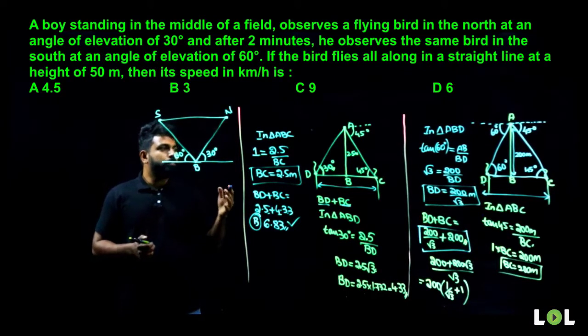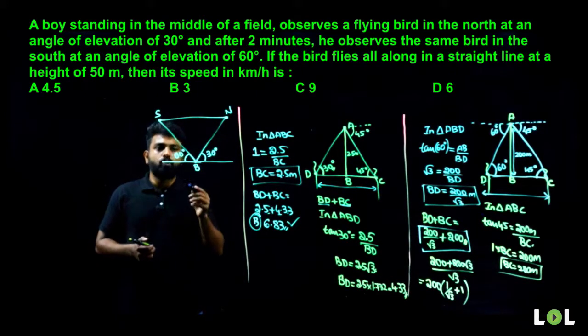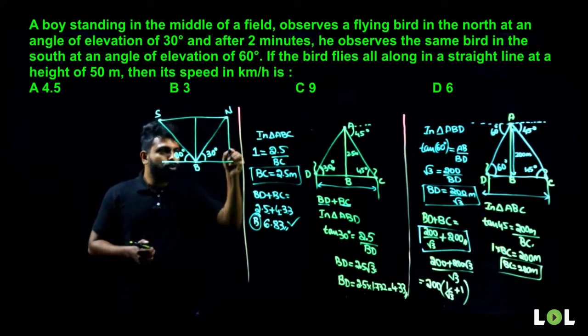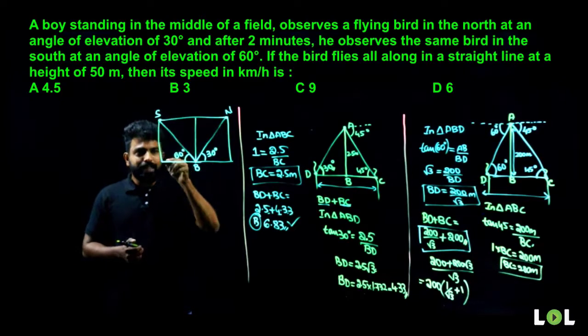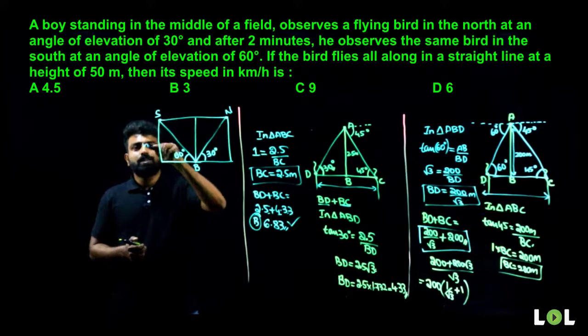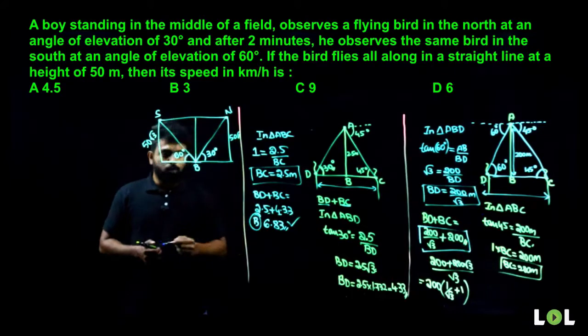Then the bird flies along a straight line at a height of 50 root 3 meters. So they're telling that this height here, or I can also take this side or this side, all those will be the same because it is flying in a straight line. The value they have given here is 50 root 3. This will also be 50 root 3.